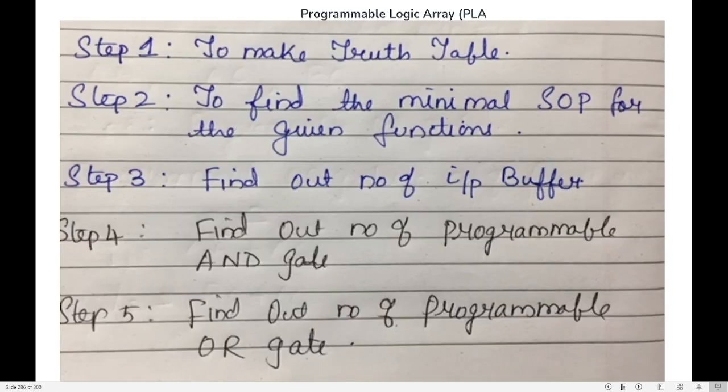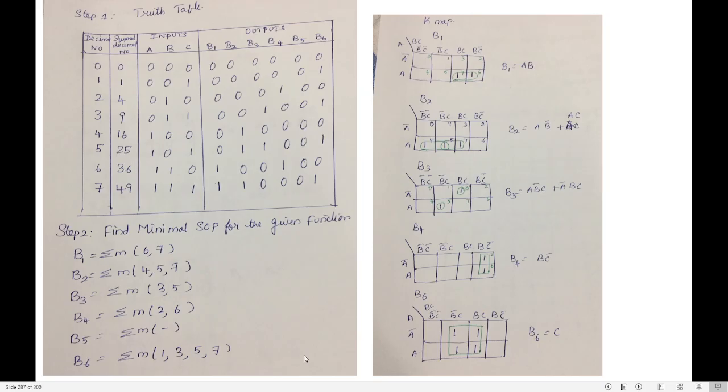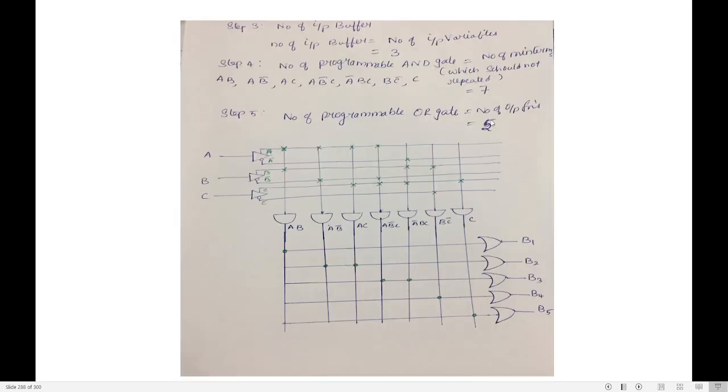Now what is the next step? I need to find the number of OR gates. So how many OR gates do I need? Number of output functions is equal to number of OR gates. Now see here, you have B1, B2, B3, B4. There is no B5 because there are no minterms. B6. So 1, 2, 3, 4, 5. There are 5 output functions. So I need 5 OR gates.